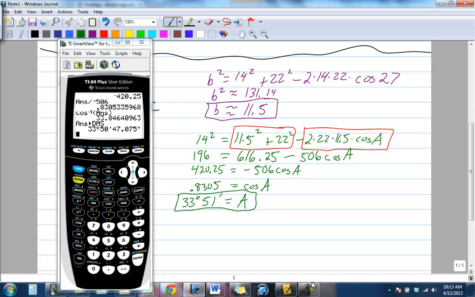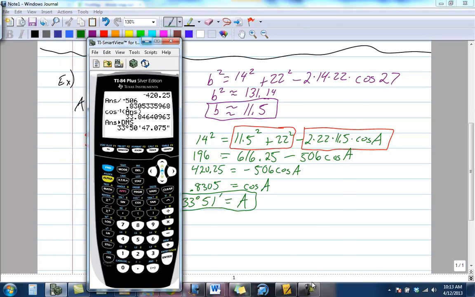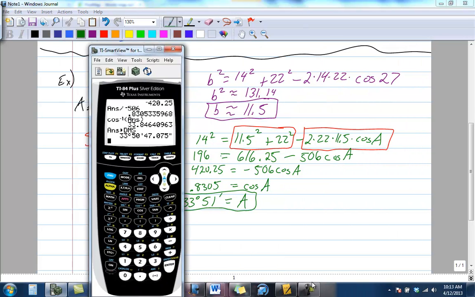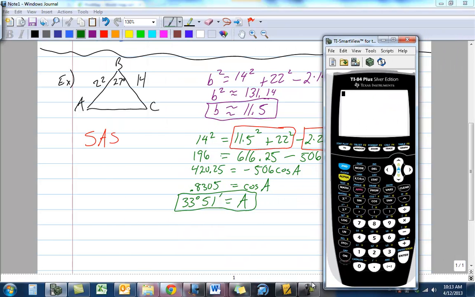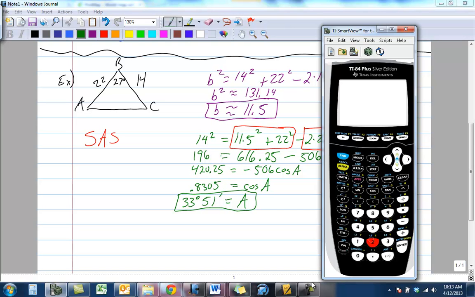All right, so we still got to find angle C. Right? Well, where are we at now? So far, we have that angle B is 27 degrees, plus angle A is 33. Now, here's what's up. You got to press second angle, degrees, 51 minutes, and we're going to be at 60.85.